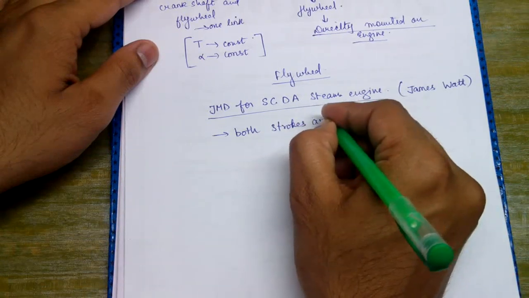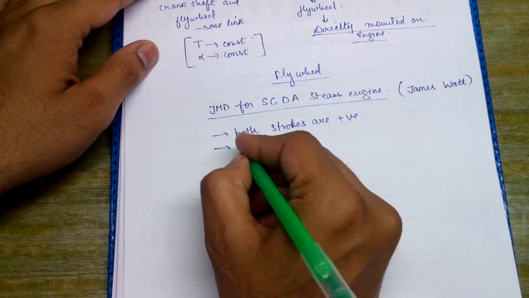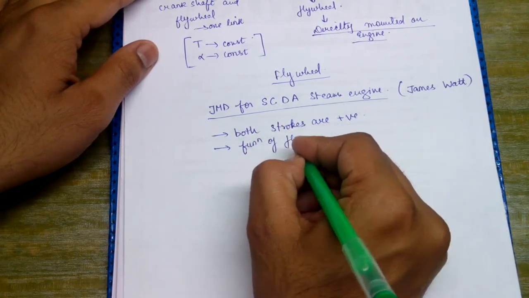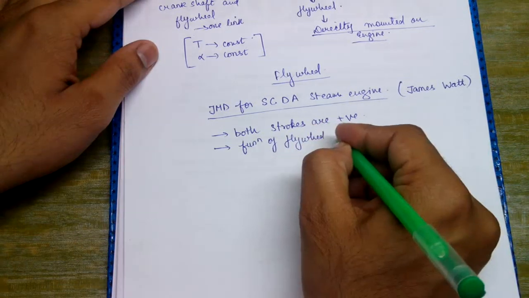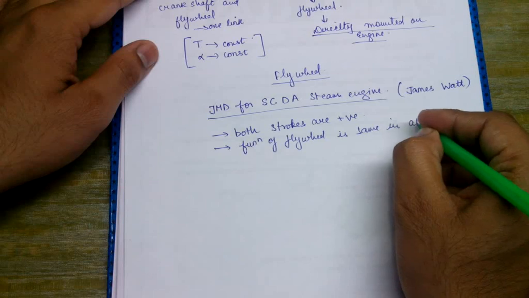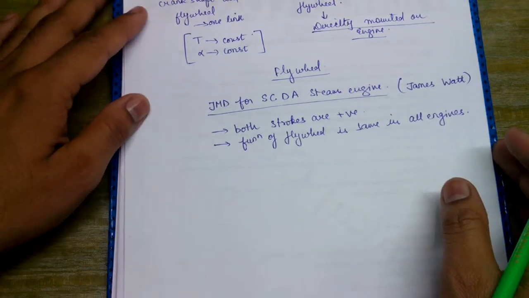The function of flywheel is the same in all engines, that is to reduce the fluctuations or jerks.